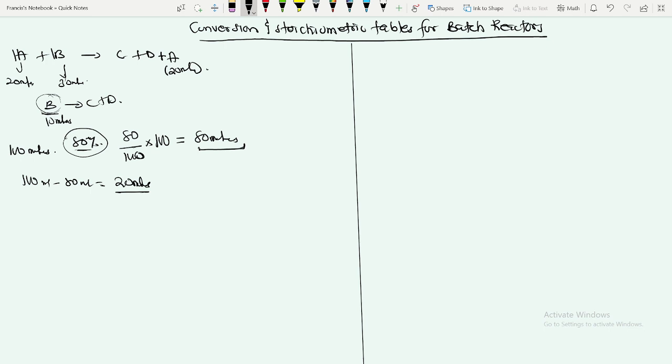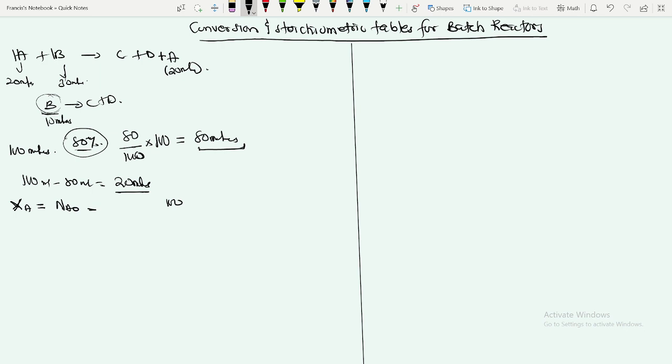So how can you deduce the conversion? The conversion for A, we are representing that with X, is equal to the initial moles of A present. I'm using moles because we are dealing with batch reactors. So the initial moles of A present, which in this case is 100, right?